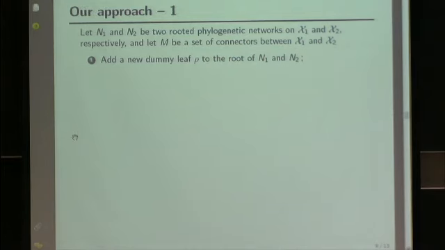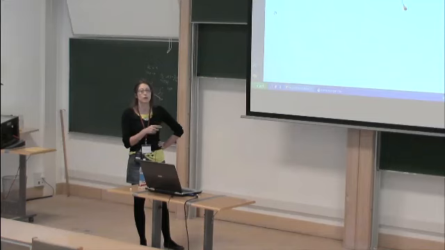This is what I'm going to call, in the algorithm, SN, the split set of. So finally, we see the algorithm after 12 minutes. We have these two phylogenetic networks on two taxon sets. They can be different, and we have a set of connectors between these taxon sets. The first thing we do is add a dummy leaf to both roots of the two networks we want to draw.